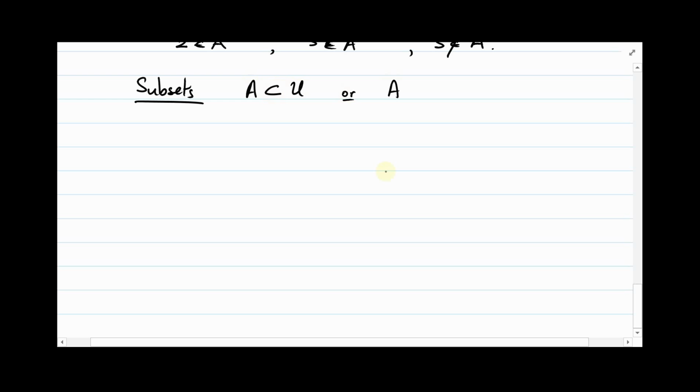A is a proper subset, or A is a subset of, this is an improper subset of or equal to a certain set. Alright, let's look at an example.